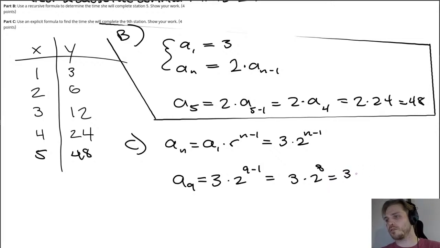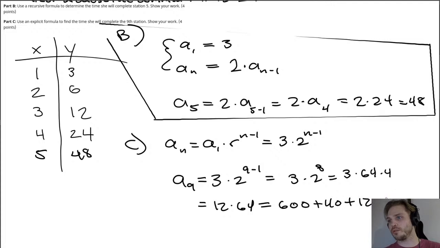So this is 3 times 64 times 4, which is equal to 12 times 64, which is equal to 600 plus 40 plus 120 plus 8, which is 768. I think. Plug that in your calculator and check. I'm too lazy.